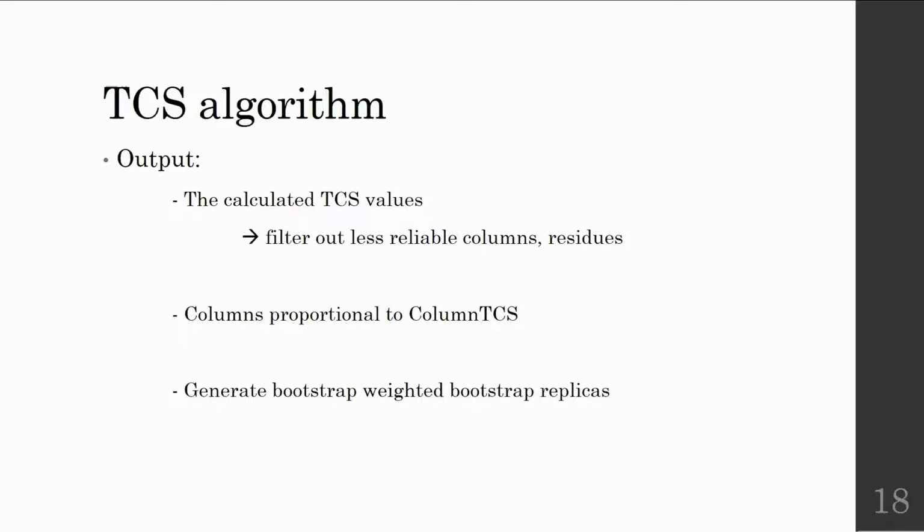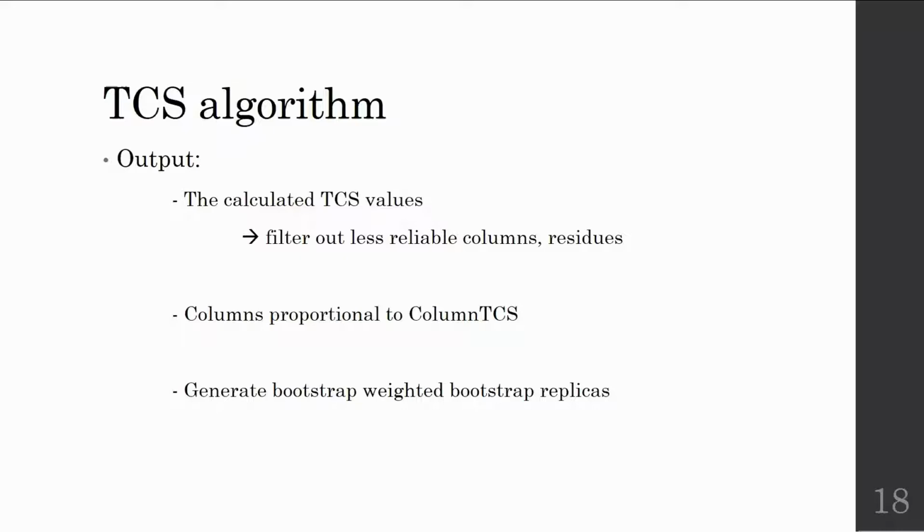So for example, you can say, I want to remove all the columns that have a lower score than 4, or I want to remove all the residues that have a lower score than 4. And with this filtered TCS weighted multiple sequence alignment, you can reconstruct phylogenetic trees.